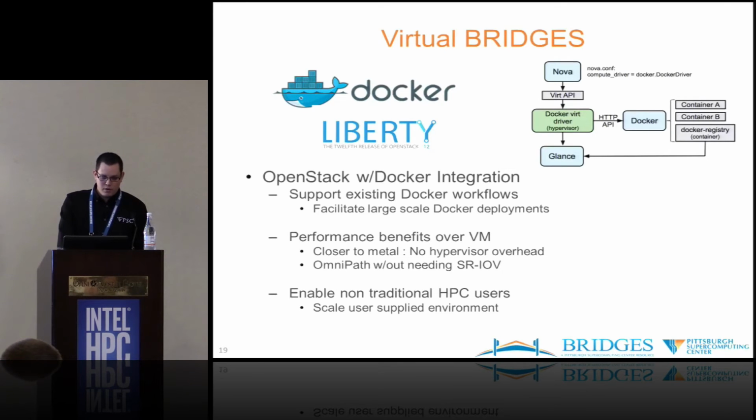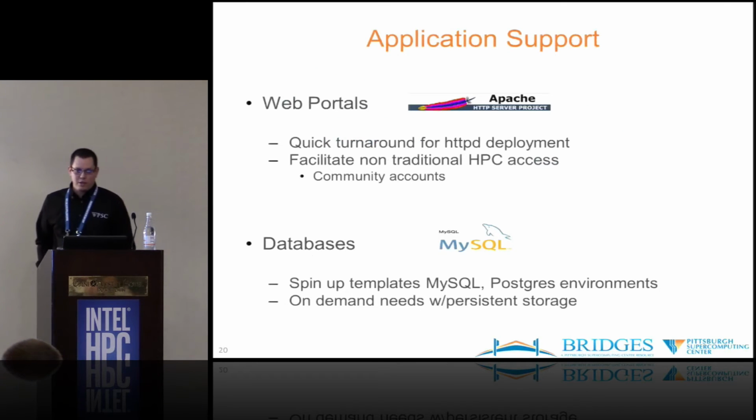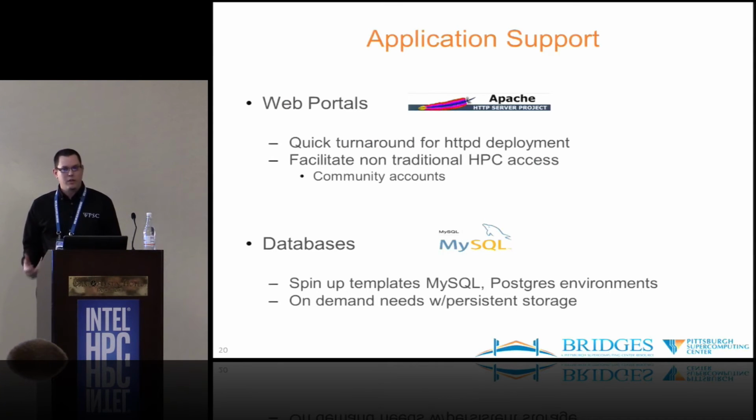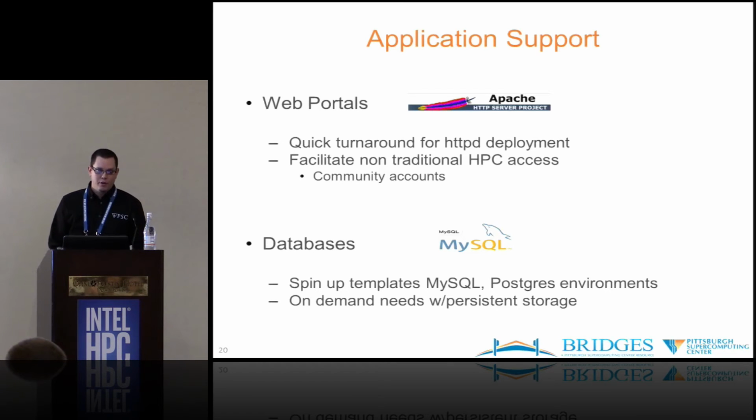The other thing, application support, web portals, as I said. We have a lot of community account type users that are coming in. They want a web portal. They want to be able to launch jobs from there. They want to be able to transmit their data without really being on the back end and knowing how a batch system works, knowing how to copy files around.